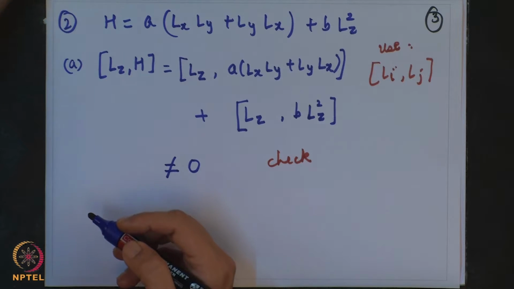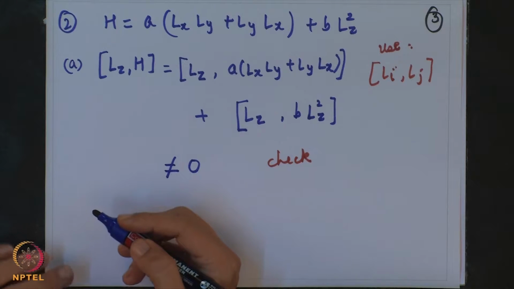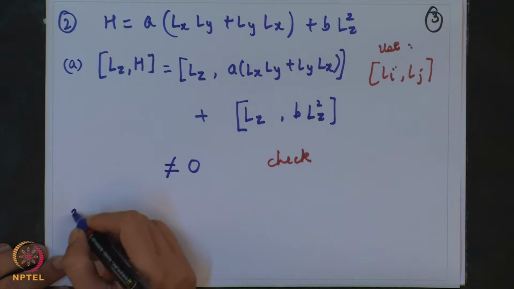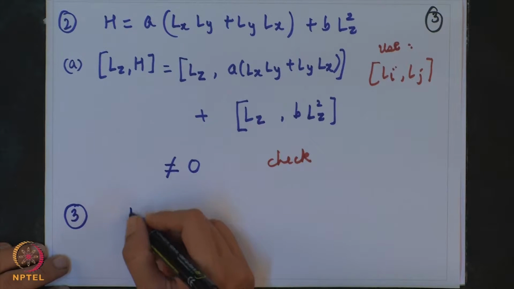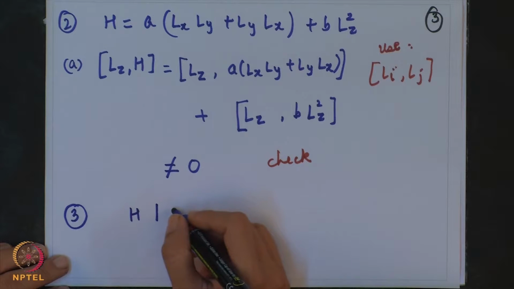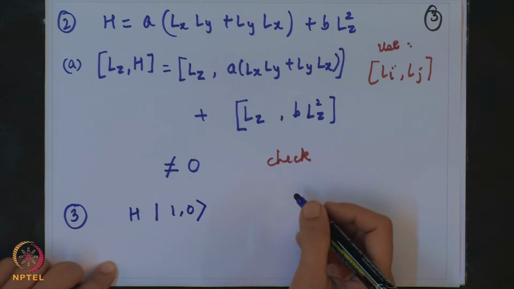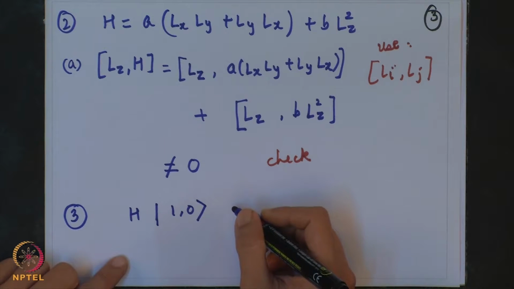Now, we have to evaluate the B part. In the B part you are asked to check whether the Hamiltonian is an eigenstate of ket 1 0, whether it is an eigenstate of ket 1 0.